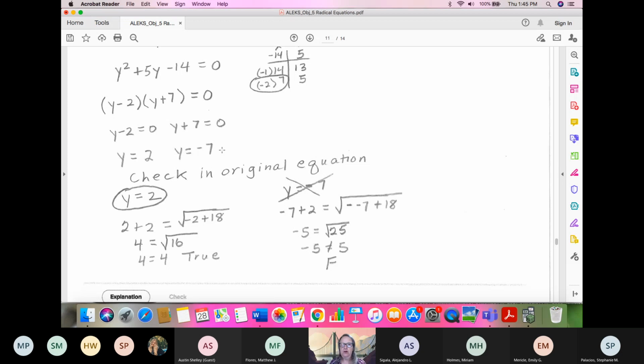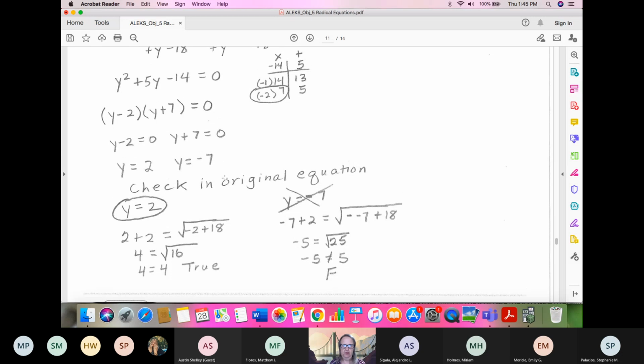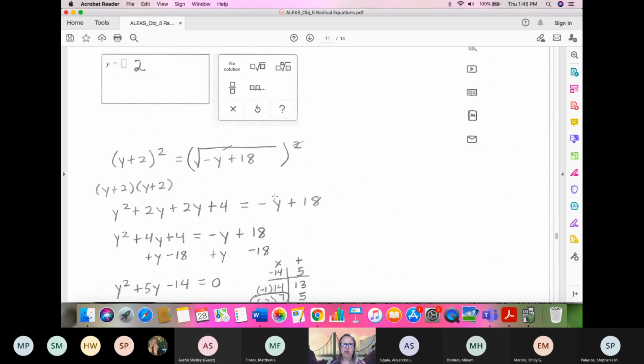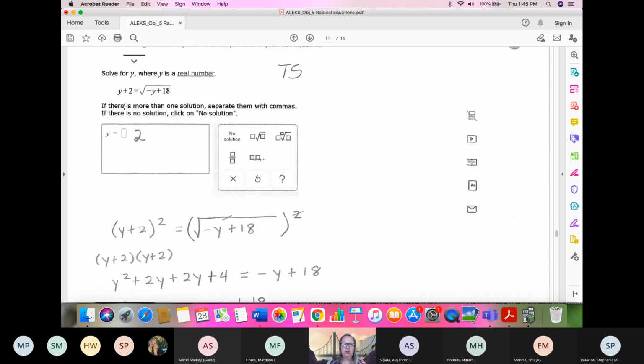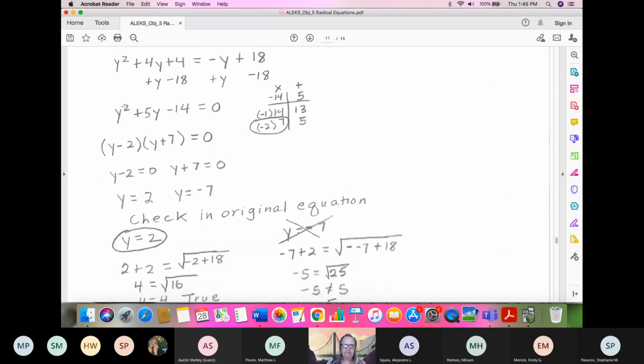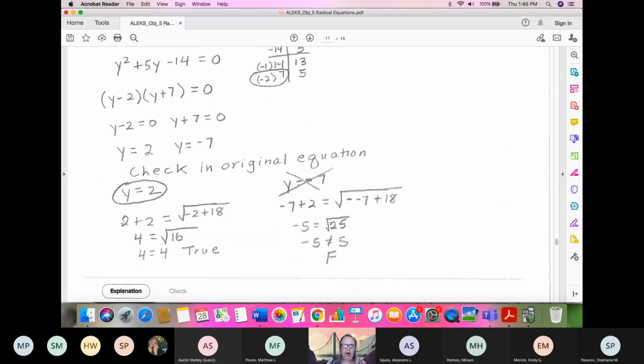So we want to check those in the original equation. What does that original equation look like? y plus 2 on this side. So 2 goes in for that y.